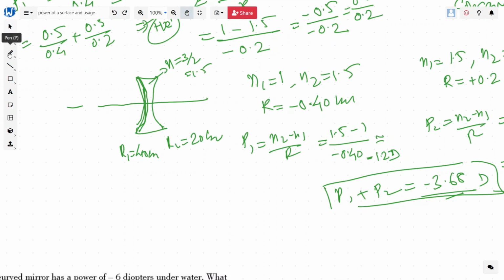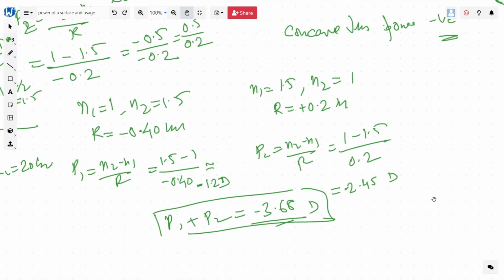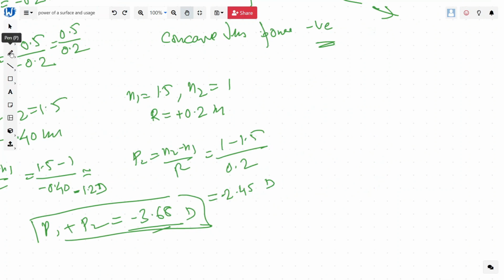Okay, so let's do it on this side. Instead of saying that the first one had a curvature of 40, let's say this one has a curvature of 20 centimeters, and this has a curvature of 40 centimeters, right?